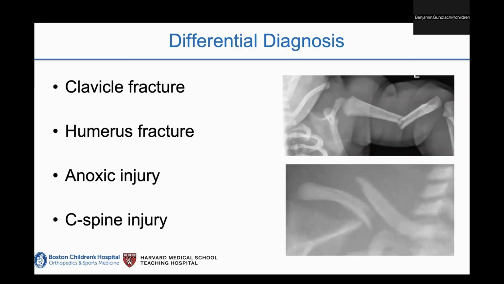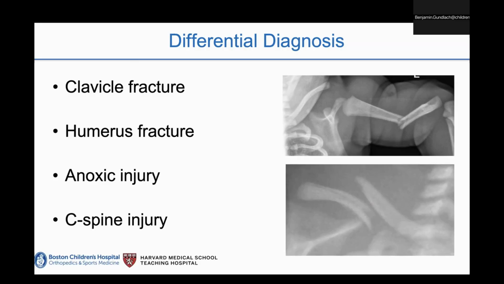When dealing with an infant, especially during the first evaluation that is coming with an assumed diagnosis of brachial plexus birth injury, it's very important to keep an open mind and have other things on the differential that may also lead to decreased movement of an upper extremity. Things like a clavicle fracture or a humerus fracture can also be very commonly associated with a difficult birth and can also present with an infant that has very limited movement in the upper extremity due to pain.